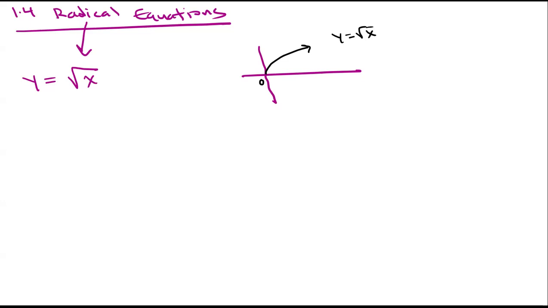So if we type in square root of -4 in the calculator, it's going to give us an error. Again, we're back in the real world. All right? Why is that? If we look at the graph, why would it give us an error?